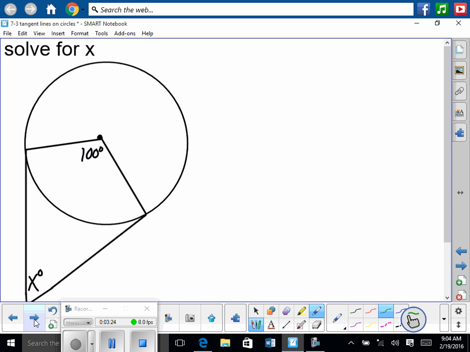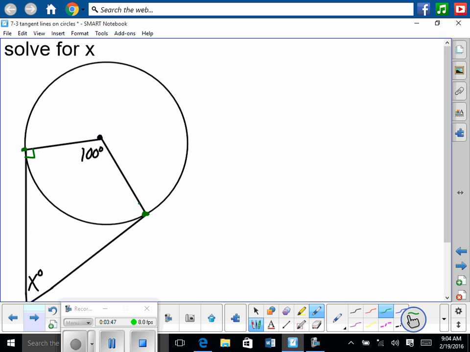So looking at this one, solve for x. So x is this angle again. In this one, we don't really have a triangle-looking thing, do we? No. But look, isn't this a tangent line? Doesn't it only intersect in one spot? Yeah. So here's the radius dropped to there. That creates a 90-degree angle. Now look, this is another tangent line that only intersects the circle in one spot.